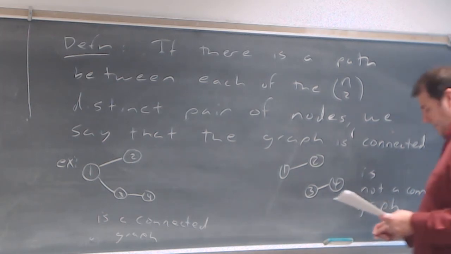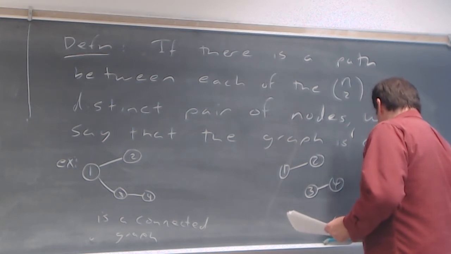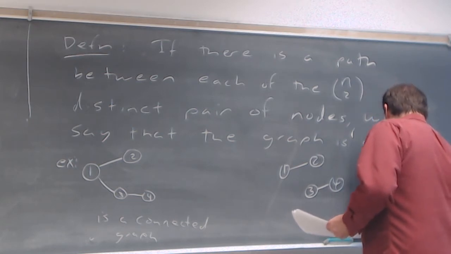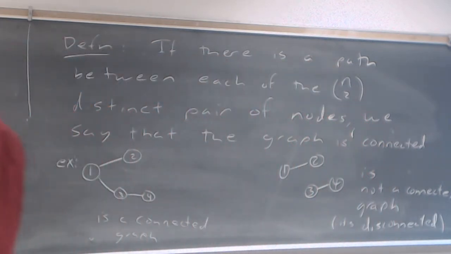We call it disconnected. So we're going through terminology here about graphs, and we're about to get to a random graph, which is what we're going to talk about probabilistically.